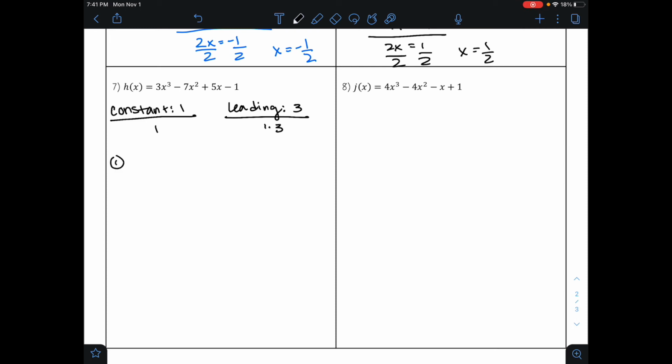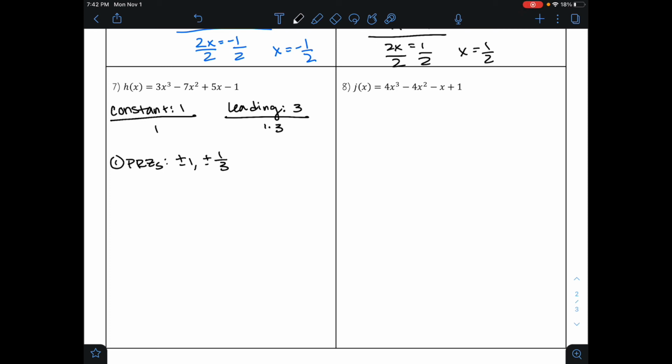So my possible rational zeros are going to be 1 divided by 1 is 1, and then 1 divided by 3 is 1/3. So I have 4 possible rational zeros here: positive 1, negative 1, positive 1/3, and negative 1/3.